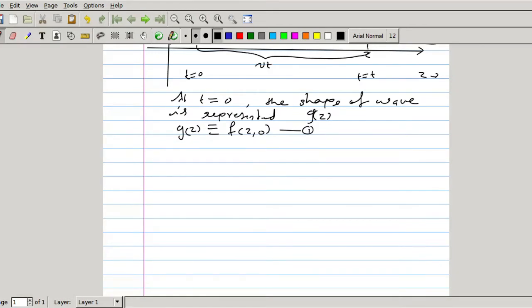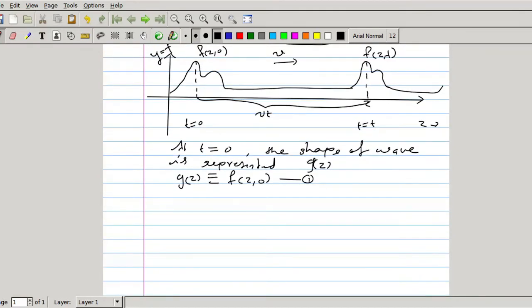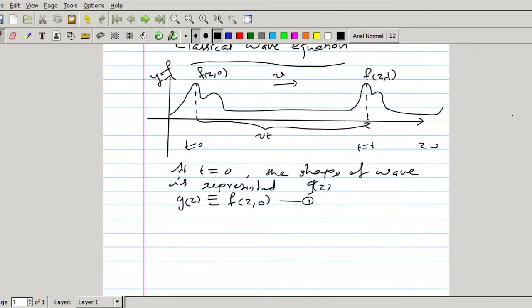So after time t, see this figure, it is reaching this point, and at this point the shape is the same as that at t equal to 0. So the shape of the wave at this point is the same as the shape of the wave at t equal to 0.